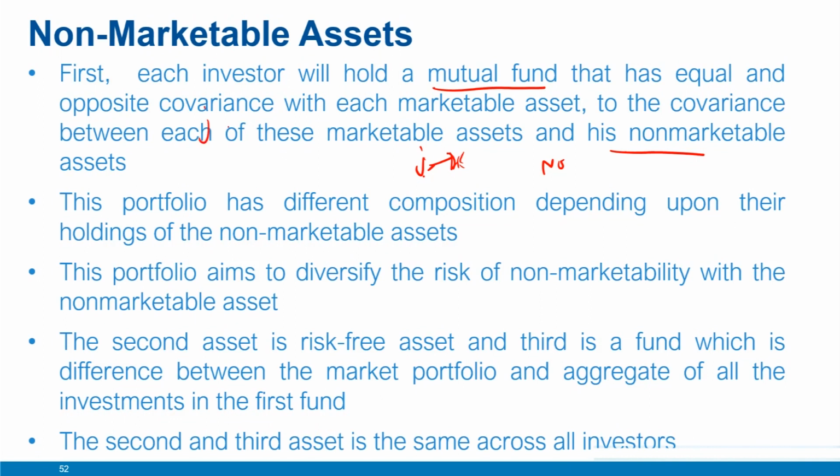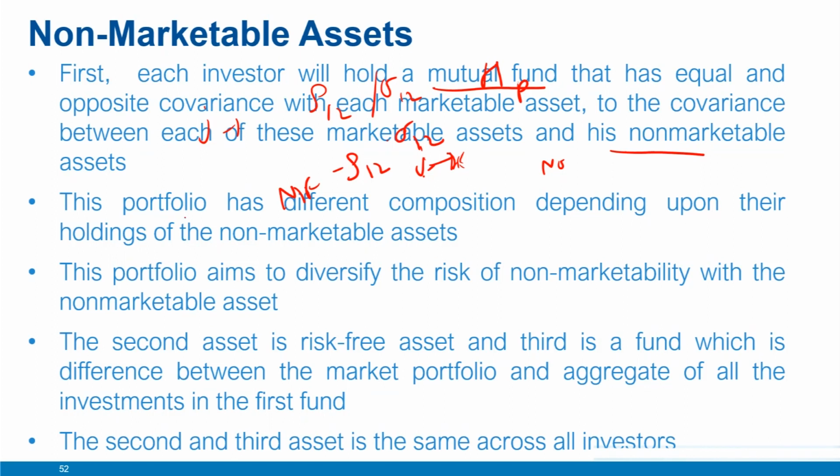So if J has some rho 1,2 and covariance rho sigma 1,2 with his non-marketable asset H, maybe HP, this mutual fund MF will have equal and opposite minus rho 1,2 or minus sigma 1,2 covariance and correlation with this marketable asset J.